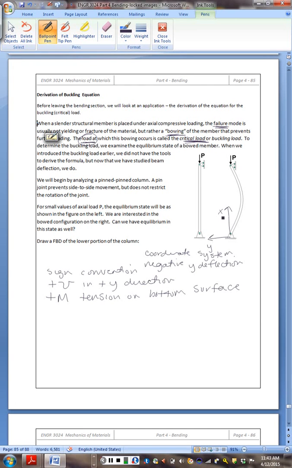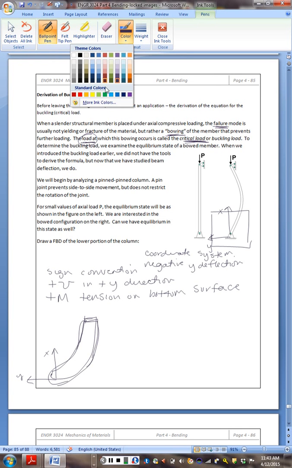So if we take a zoomed in view of this bottom connection of our beam in bending, we have something that could be considered to look like this. We have our connection point, and we have our coordinate system with x up and y positive to the left.